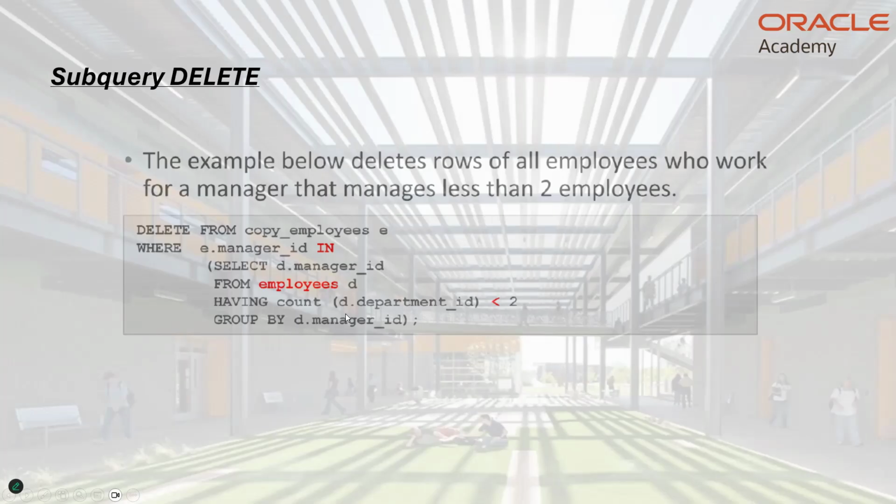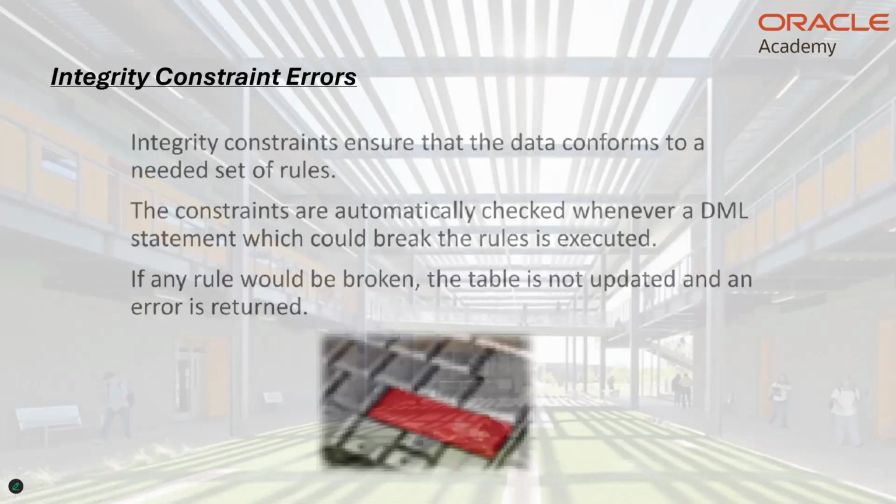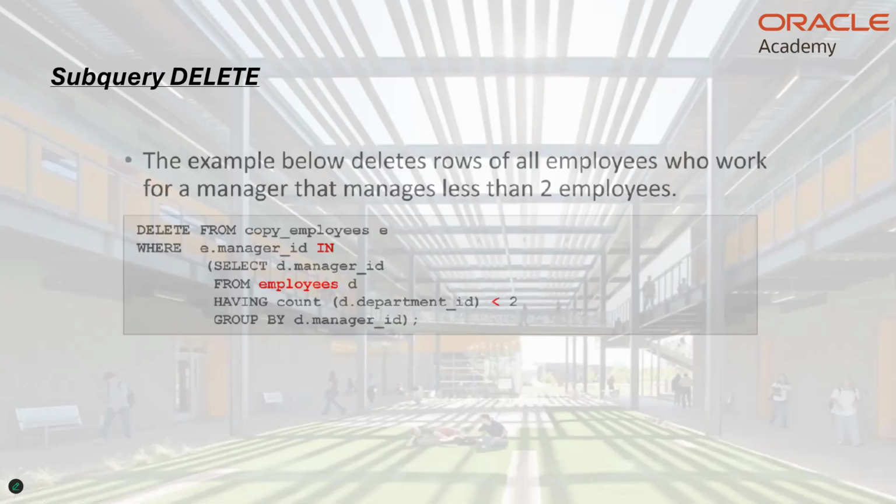There's no integrity constraint violated here, but it will delete all of those employees, and that can be useful as a subquery, because you might not know all the managers that manage less than 2 employees. So this is just illustrating the use of subqueries in your delete statement.